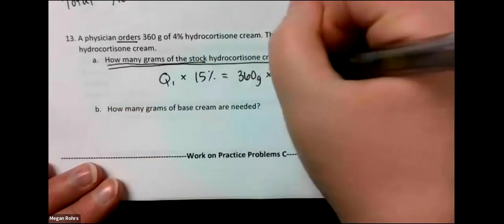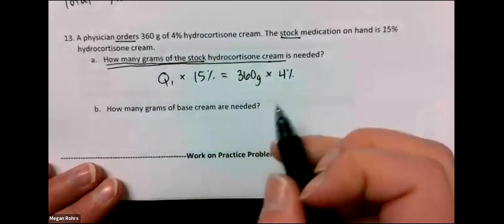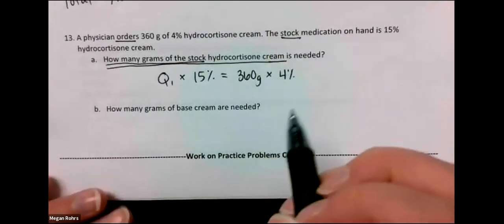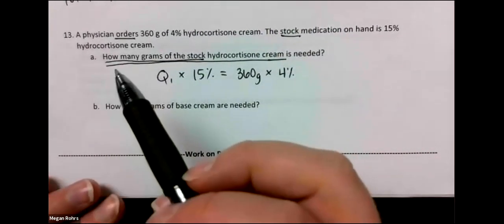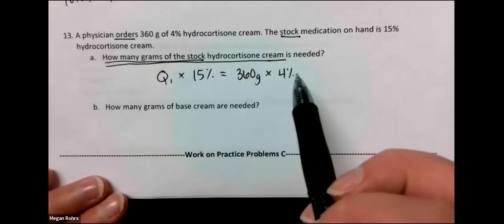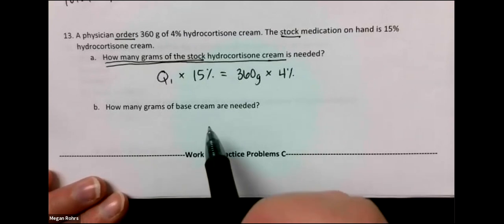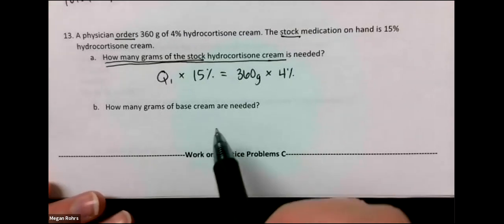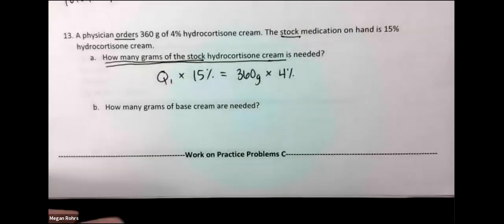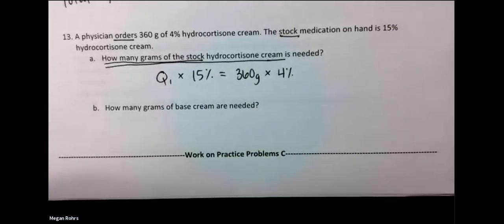Desired concentration is 4%. So based on the simple dilution lecture, you should be able to solve for Q1 here. And then you should be able to determine how many grams of base cream are needed as well. So go ahead and solve number 13.